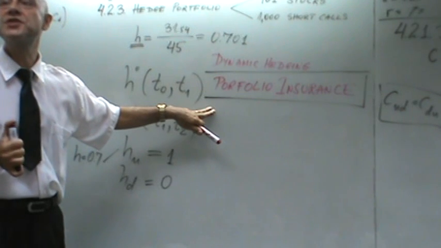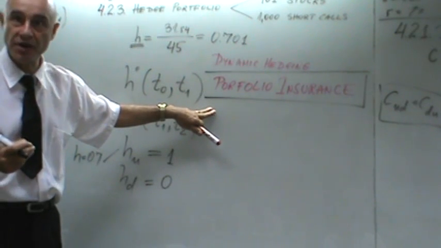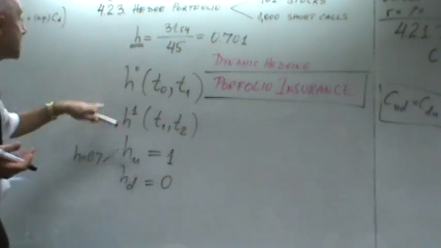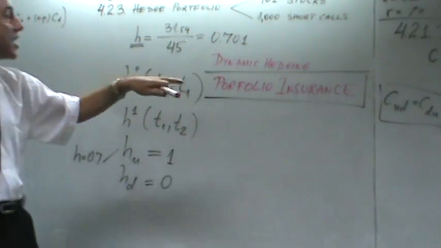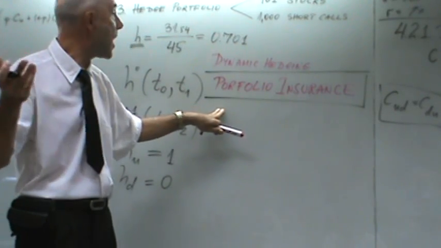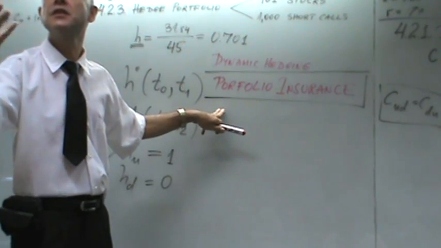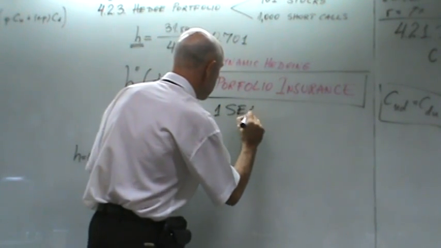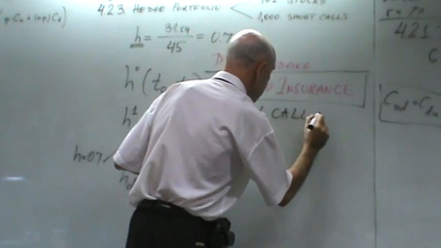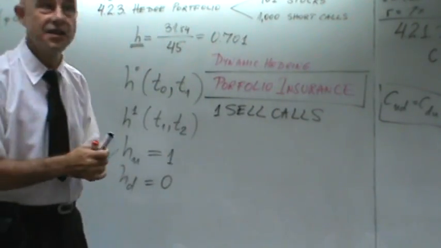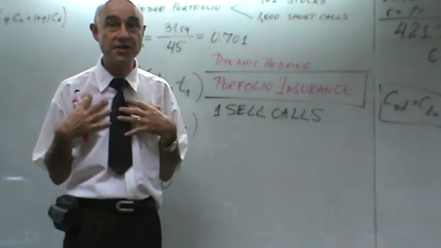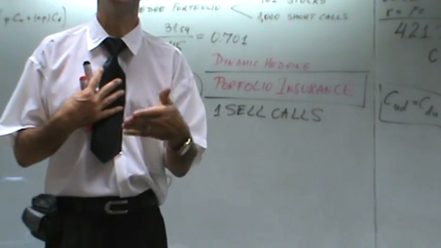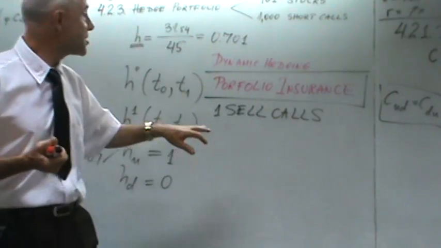So, suppose you have a portfolio insurance and you insure, in this particular case, our portfolio by selling calls. So, step one, sell calls, okay? So, you got stocks, I got stocks, okay? And I will protect myself by selling calls. Now, here's the trick.